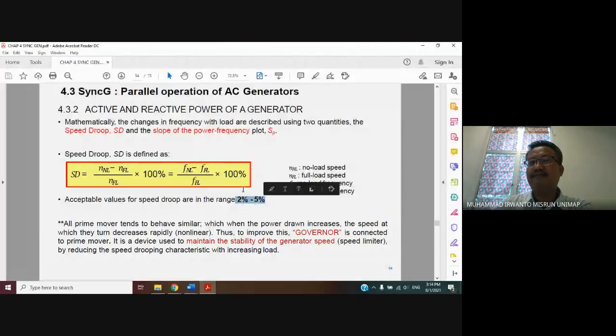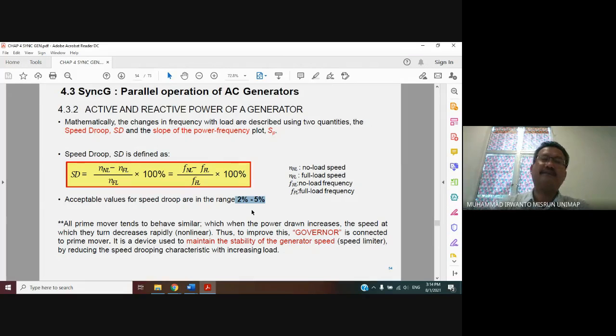This range is acceptable for the operation of the synchronous generator. So make sure it is not higher than 5% for the speed drop. If the value is in this range, the operation of the synchronous generator is good.